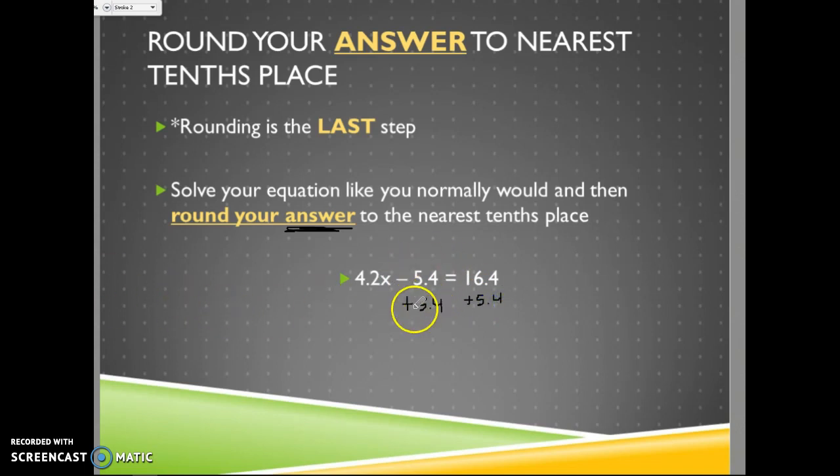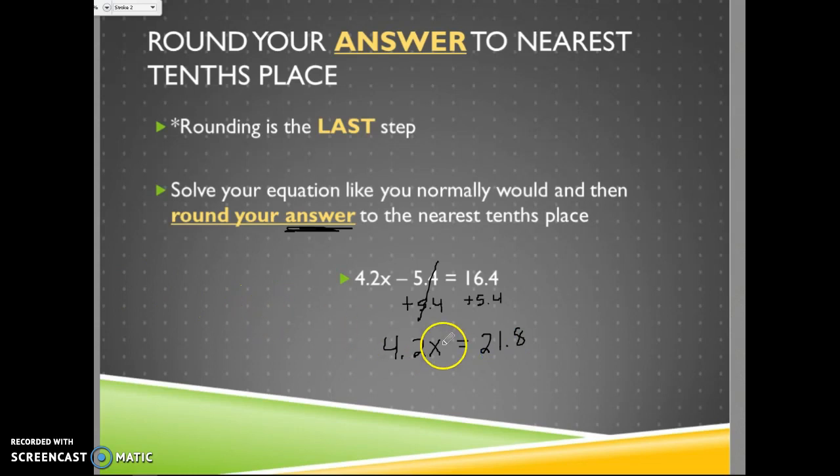So minus 5.4 plus 5.4 is 0, leaving us with 4.2x. And then if we add 16.4 plus 5.4, we end up with 21.8.